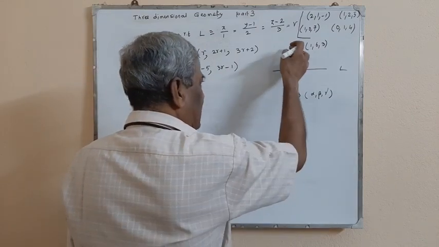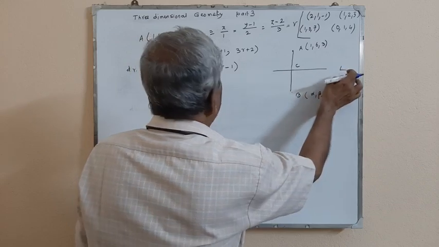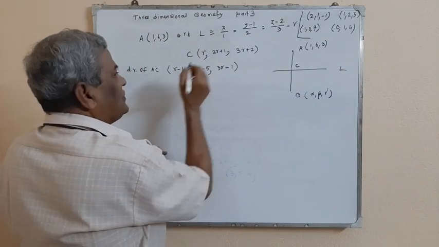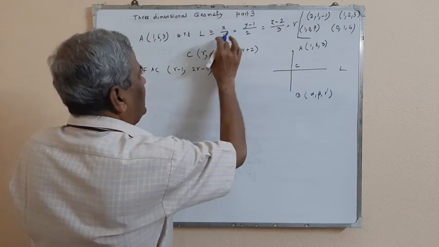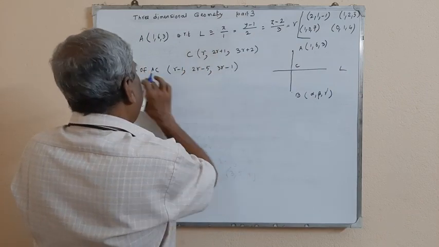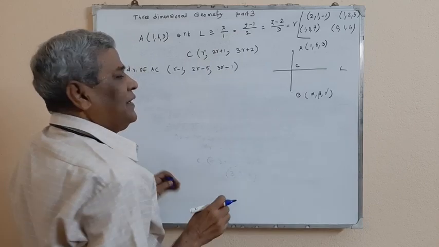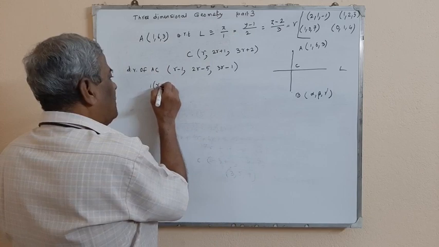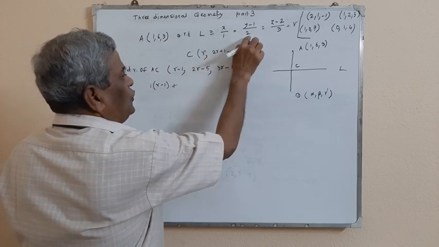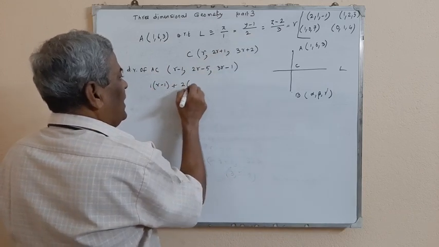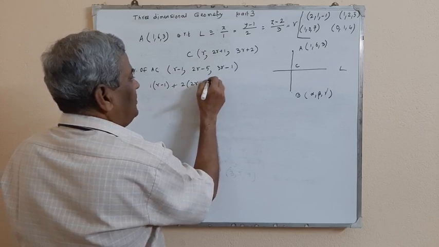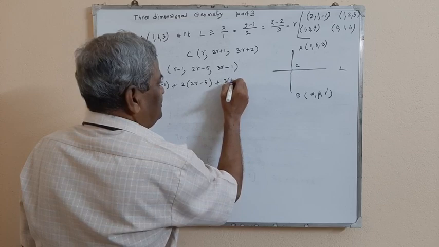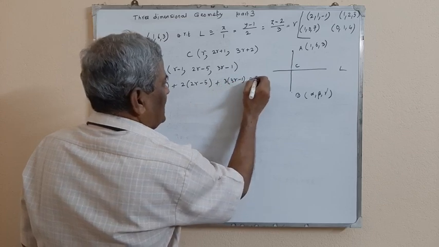Now because AC is perpendicular to the line L, we must have the dot product of the direction ratio of L and the direction ratio of AC equal to 0. That is 1 into R minus 1 plus 2 into 2R minus 5 plus 3 into 3R minus 1 must be 0.